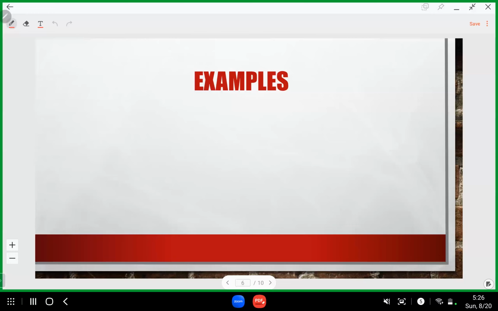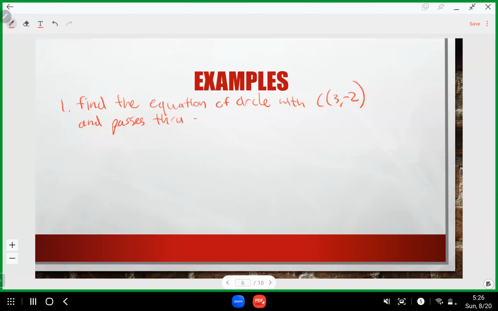Okay, so first one, I'm just going to have you do. Find the equation of the circle with center (3, -2) that passes through the point (1, 1).